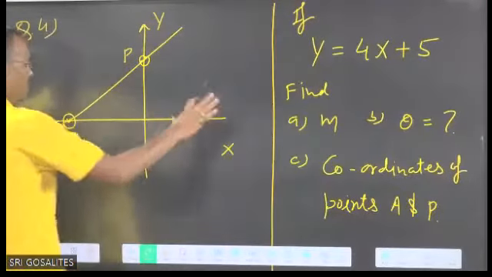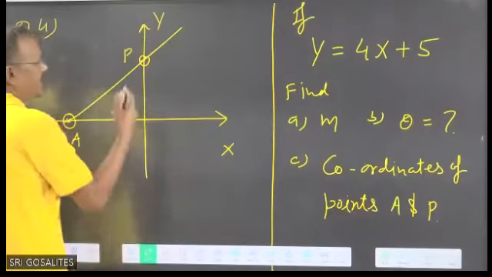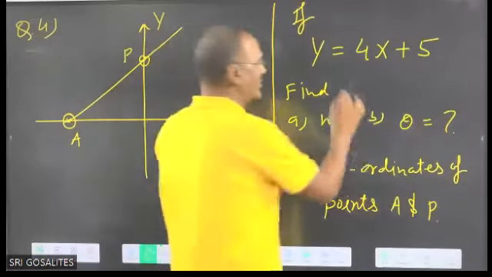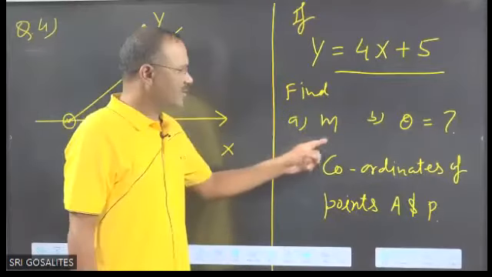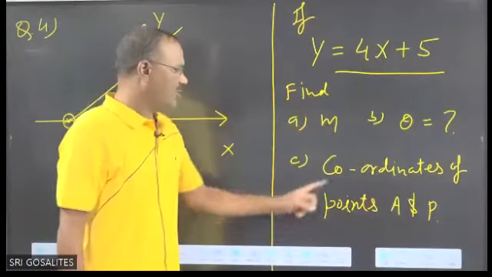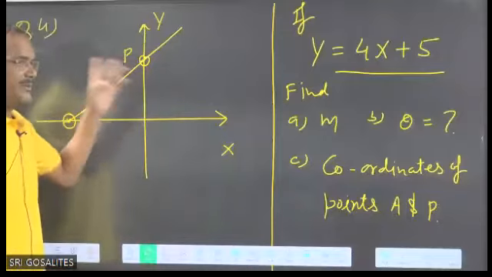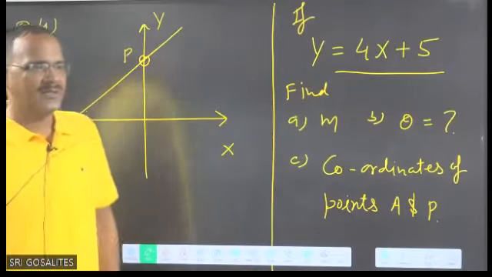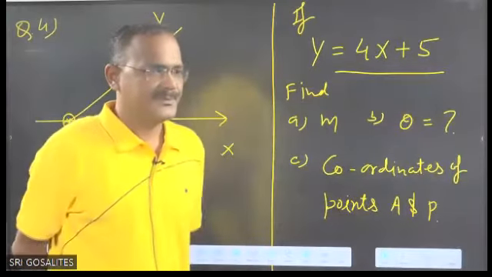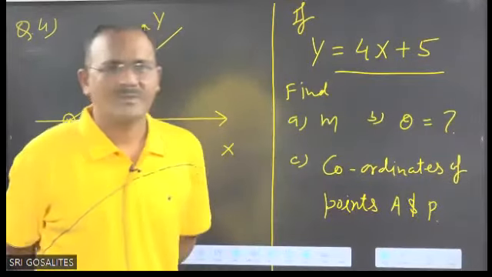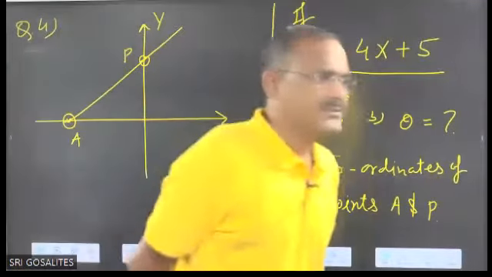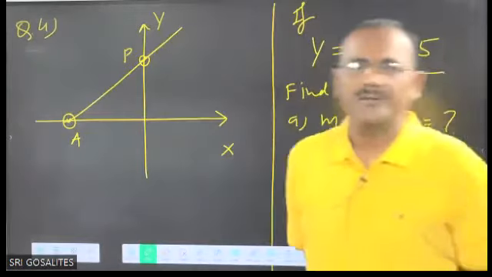If a line is shown to you in a Cartesian system and its equation is given as y = 4x + 5, then find the following values: slope, angle, and coordinates of point A and point P, where the line will cut the axes. Hurry up, come on.